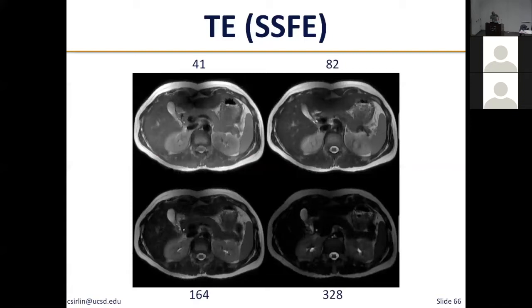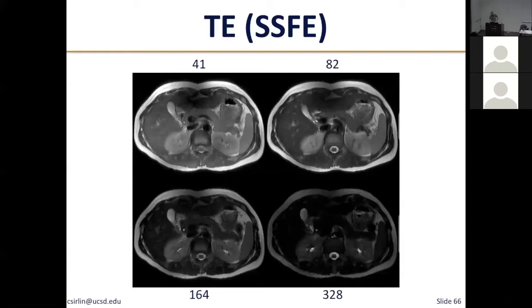This image is much darker than this. Can also everyone appreciate that the T2 weighting changes? For example, if we look at a very high TE sequence such as this, we can see that the CSF, the cerebral spinal fluid surrounding the spine, is very bright. Look how bright this liquid looks, and look how bright the liquid, the urine, looks in the collecting systems of the kidney.